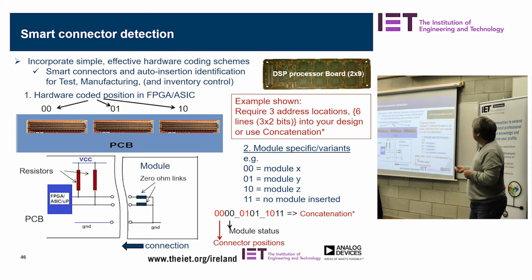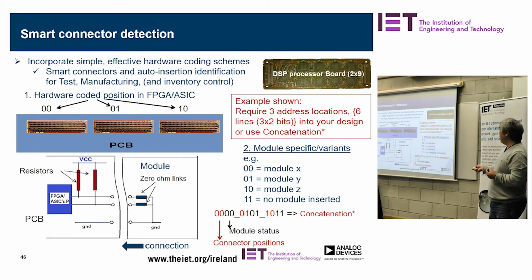So I put in some resistor detection here. When you plug in, it shorts it, so I have this permutation there. If there's no module, you can detect it's 1-1, no module plugged in. If it's module X, you can short the two depending on the module, and it can detect that it is module X, and then you can configure it. And you can put another module there, Y or Z.